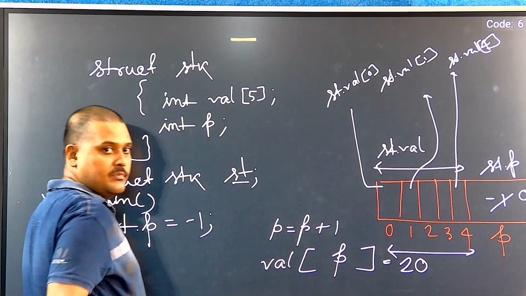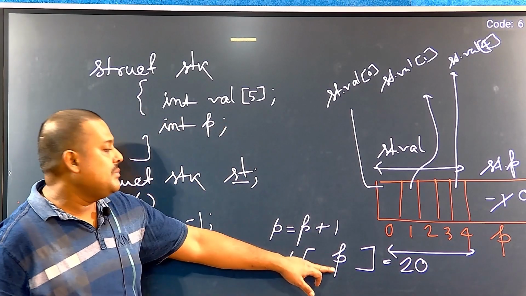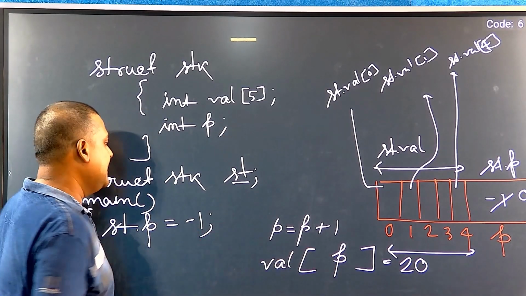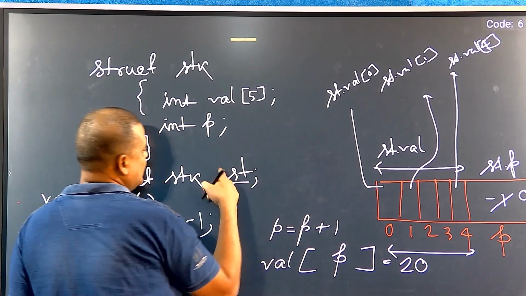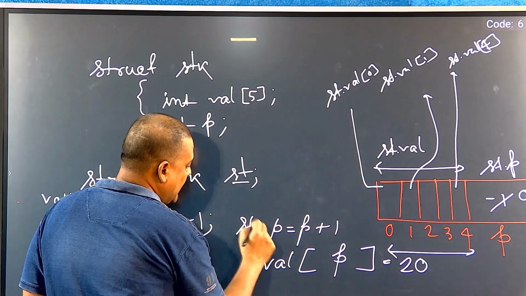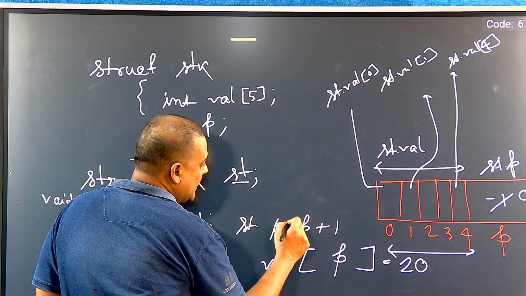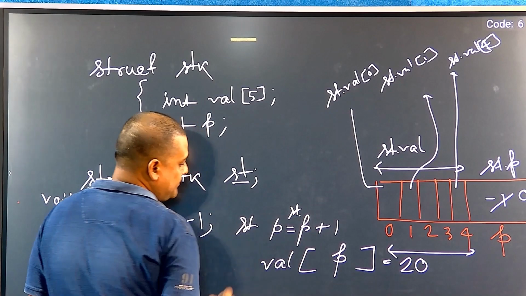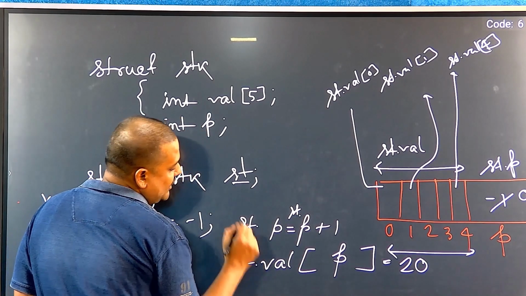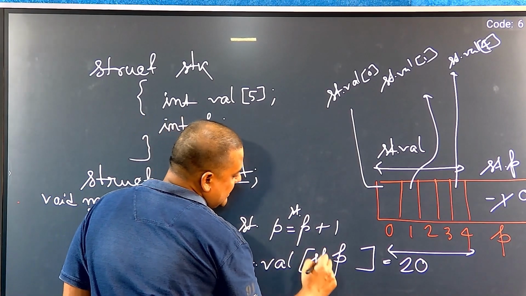Now, val and P cannot be accessed directly; they can only be accessed with the help of the structure variable st. So, we have to write st.P everywhere: st.val and st.P.